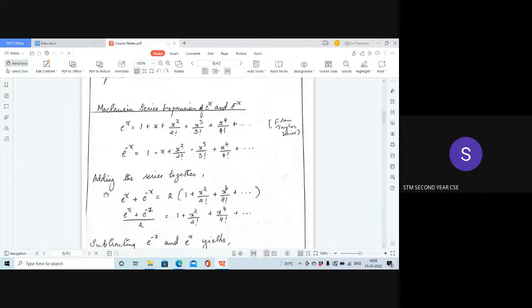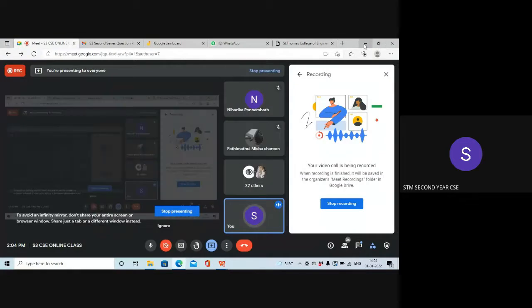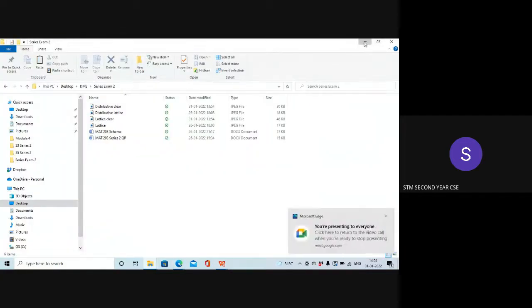So let us see what it is. See, e raised to x is equal to 1 plus x plus x square by 2 factorial plus x cube by 3 factorial, etc. That is the Maclaurin series.